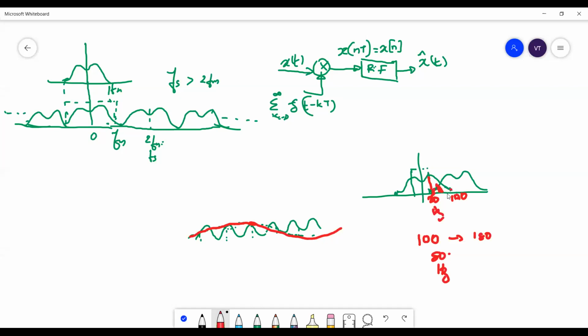So the 100 hertz signal will be recognized as 100 minus 20, that will be equal to 80 hertz. So if this is sampled at a very low sampling rate, then it will be recognized as a very low frequency. So this is called aliasing.